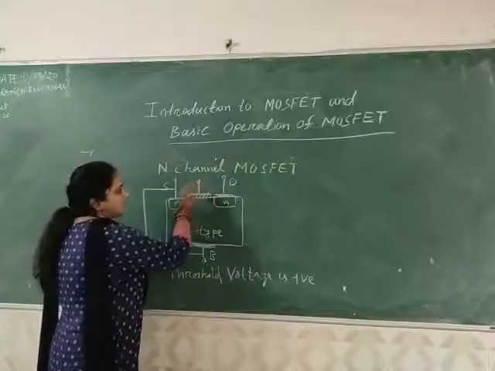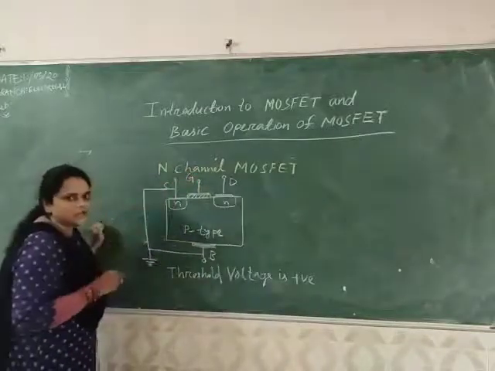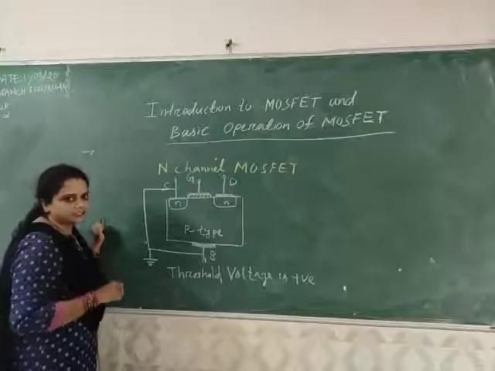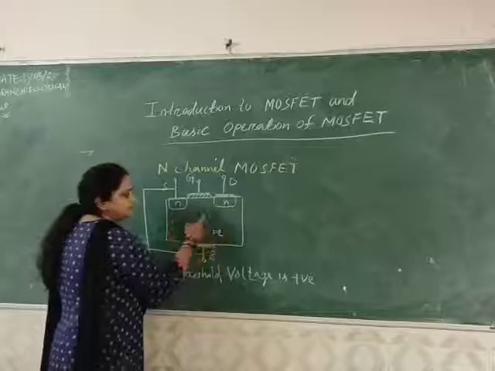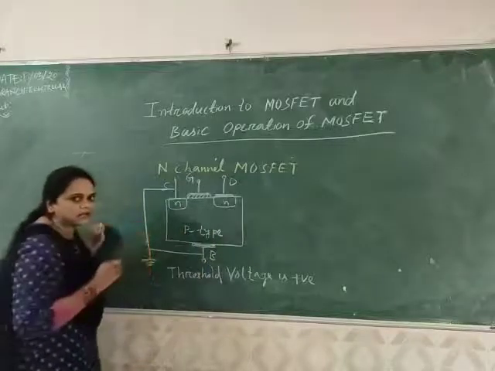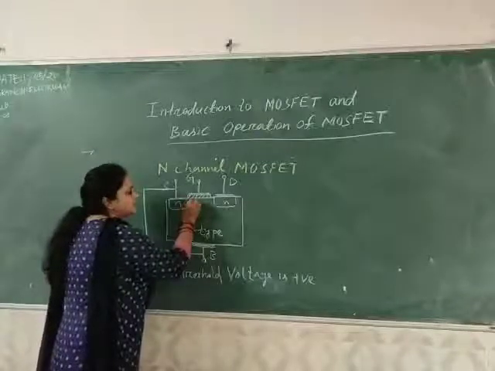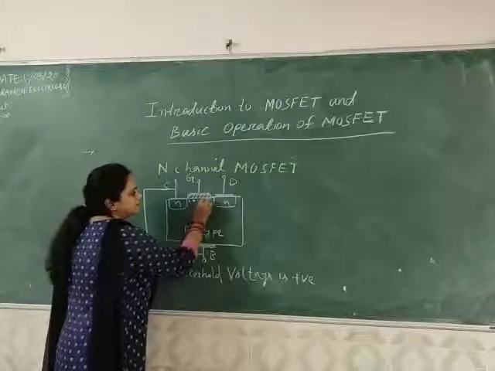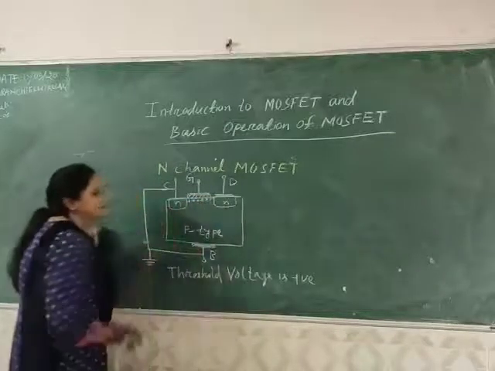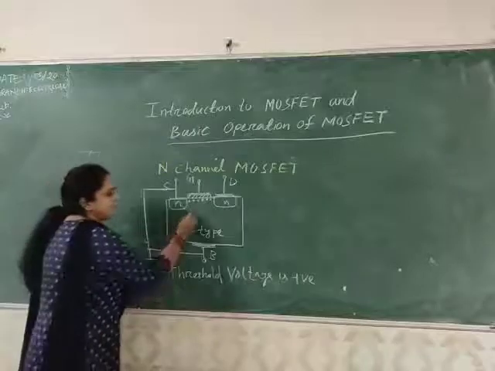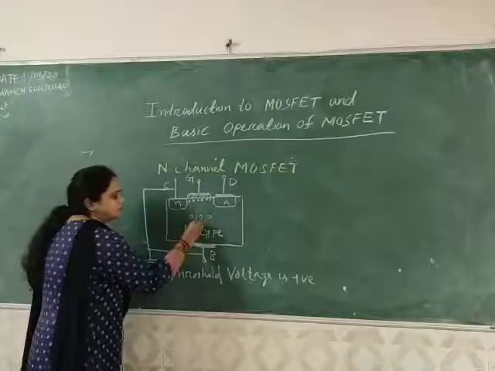So first we apply a positive voltage at the gate terminal. When we give positive voltage, it attracts the minority charge carrier of this p-type substrate. What is that minority charge carrier? That is electron. So it attracts the electrons to the surface of the substrate near the gate terminal, and it pushes the holes down into the substrate.